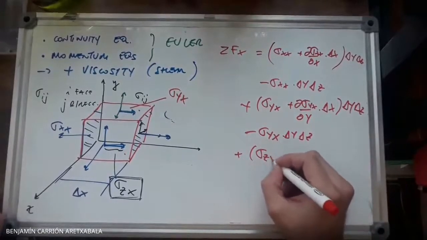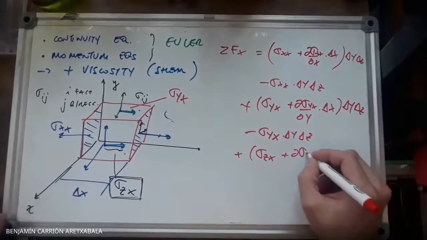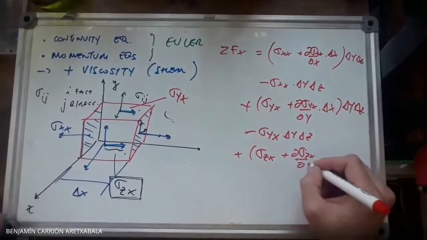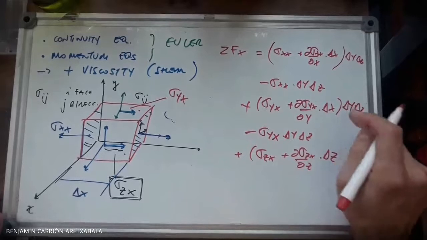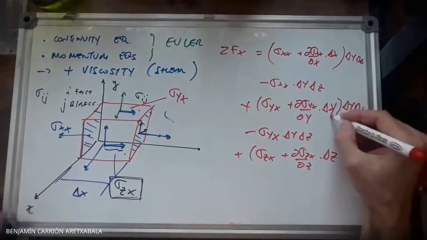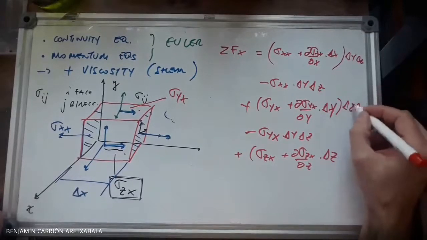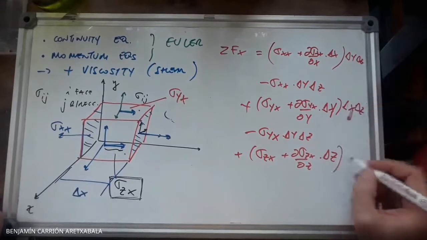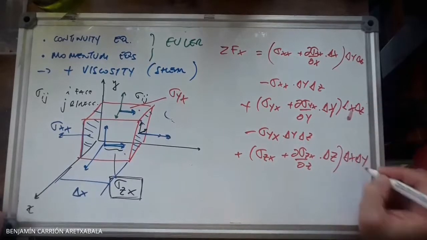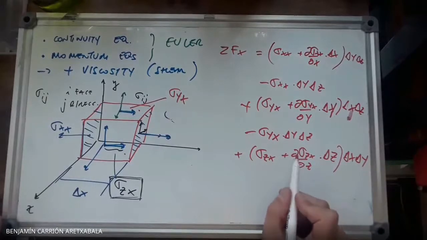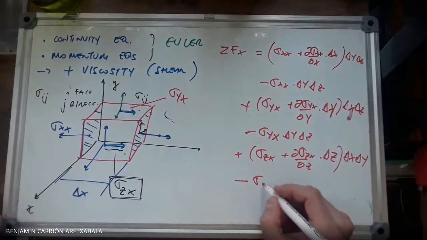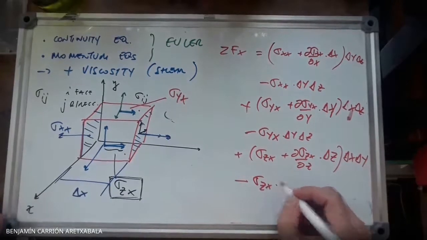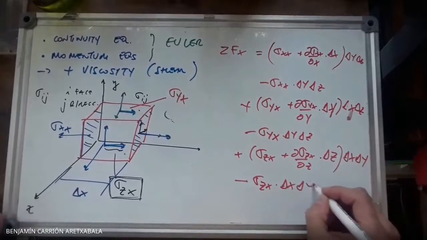Sigma zx plus the gradient of sigma zx over z times delta z. Sorry, this is delta y, and this is delta x, delta x, delta y. Minus sigma zx acting on delta x, delta z. Excellent.